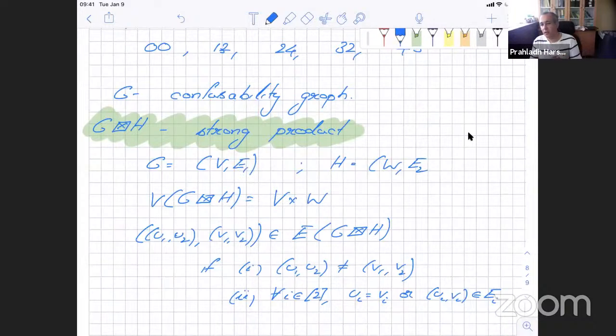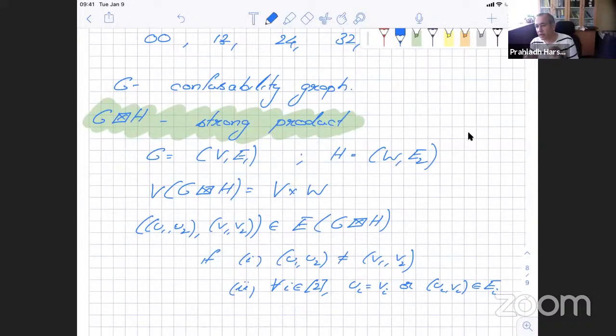So an edge in the strong product exists between a pair of vertices if for every induced pair, you should either be making a move or you should be the same vertex. And on at least one of them, you should be making a move because you can't be the same vertex. (U1, U2) can't be equal to (V1, V2). This is what I mean by the strong product.